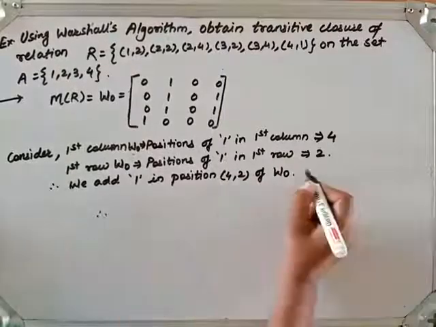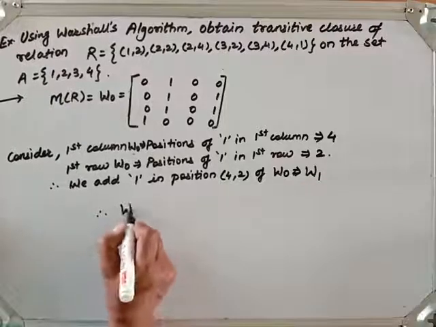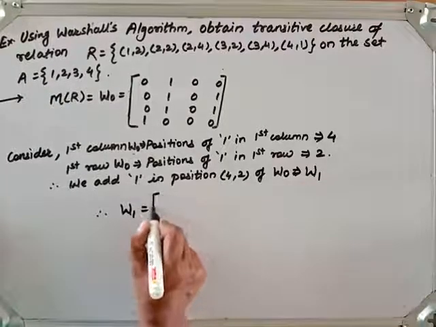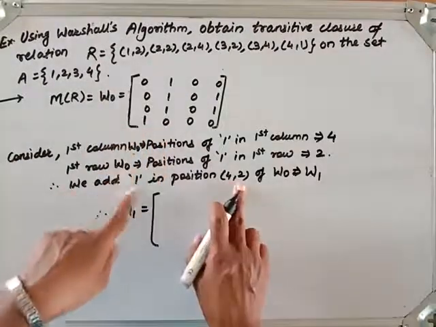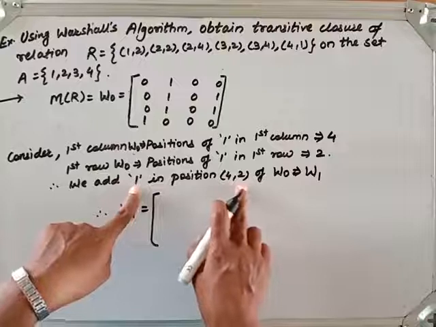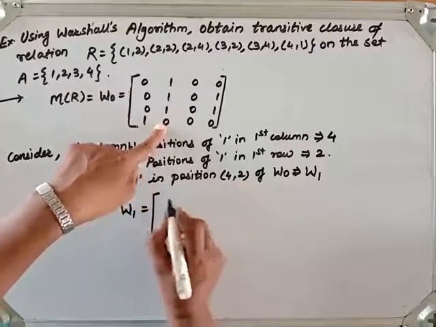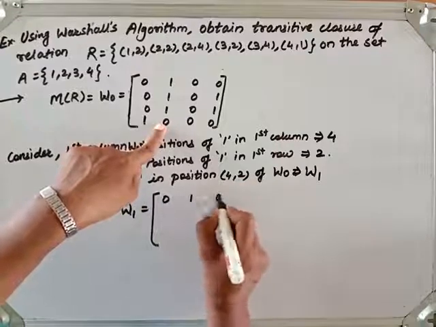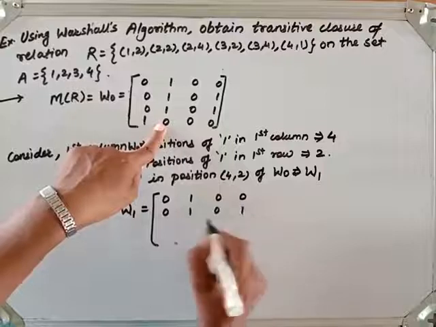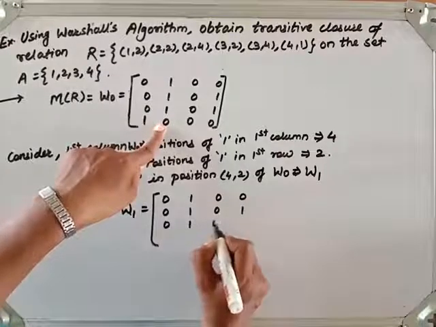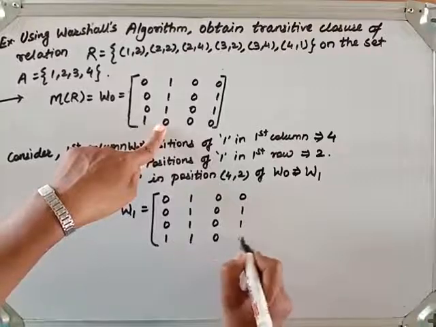Therefore W1 is equal to, writing all the entries as they are, and simply writing 1 at position (4, 2): 0 1 0 0, 0 1 0 1, 0 1 0 1, 1 1 0 0.